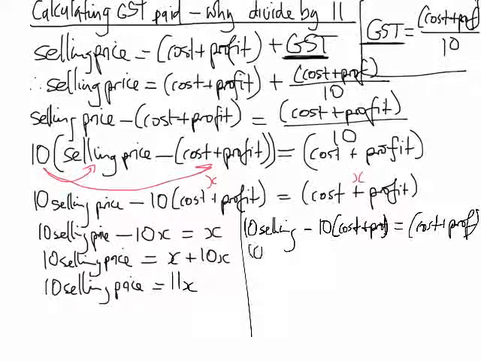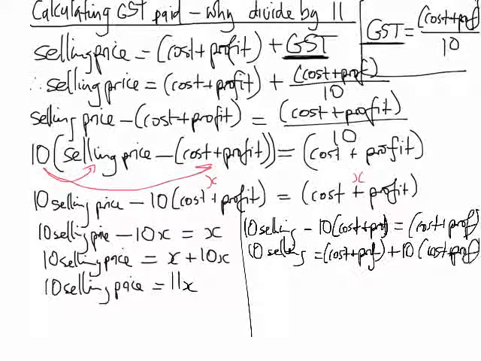And then if I have minus 10 cost plus profits on one side, how do I cancel that? By adding 10 cost plus profits on the left hand side, and to balance it you'd have to add 10 cost plus profits on the other side. So you'd have cost plus profit plus 10 cost plus profits. And how many cost plus profits would you have? There'd be 11 cost plus profits.